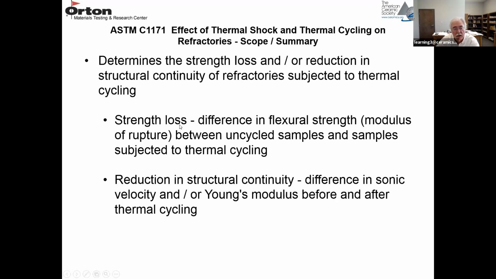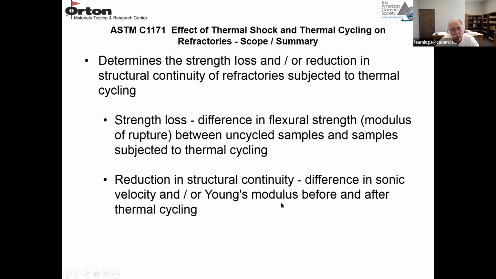So you can see the amount of damage by the loss in strength. But also when cracks grow and become bigger, the velocity of sound decreases. Also, the Young's modulus decreases. So for both of these measurements, a decrease in either one measures the amount of damage that takes place. This is a destructive test. You have to break the sample. These two tests, as we mentioned, are non-destructive.